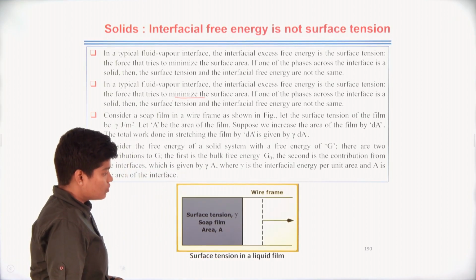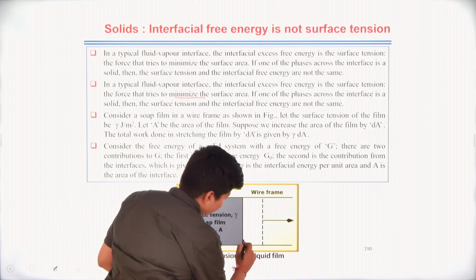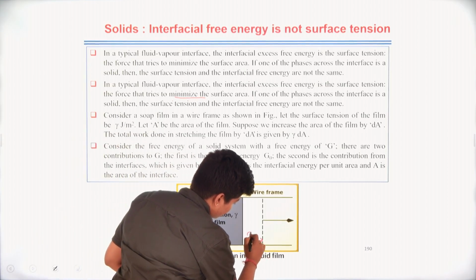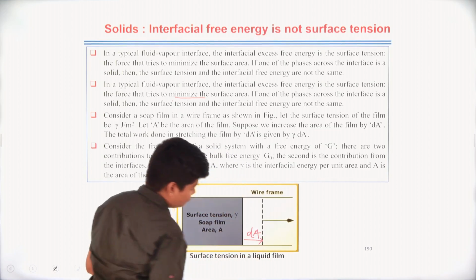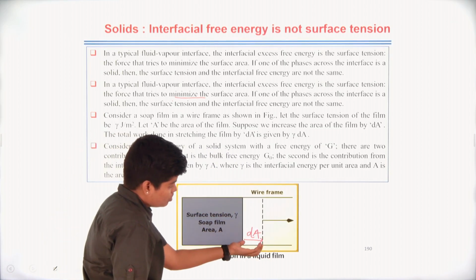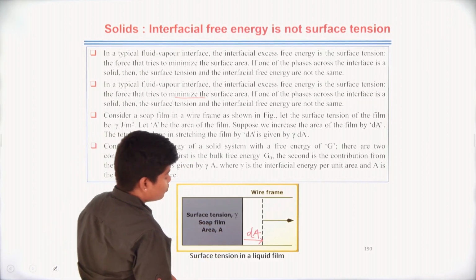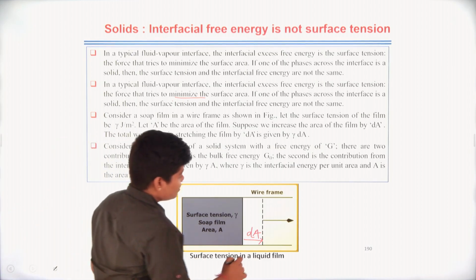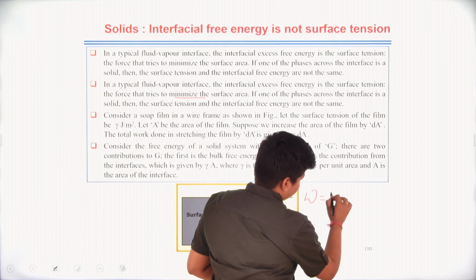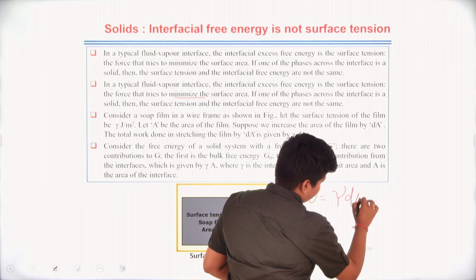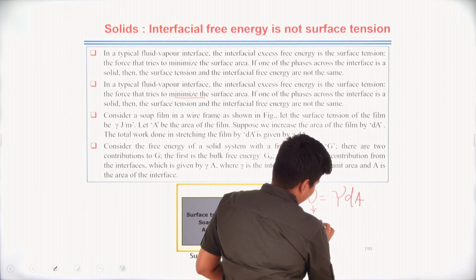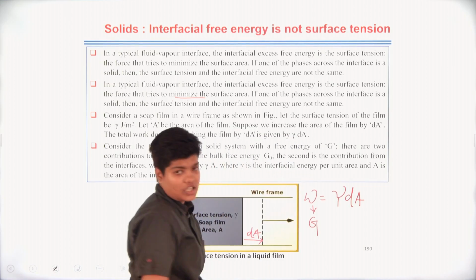If we stretch the film by dA, then the total work done will be gamma dA, and this work done is the Gibbs free energy.